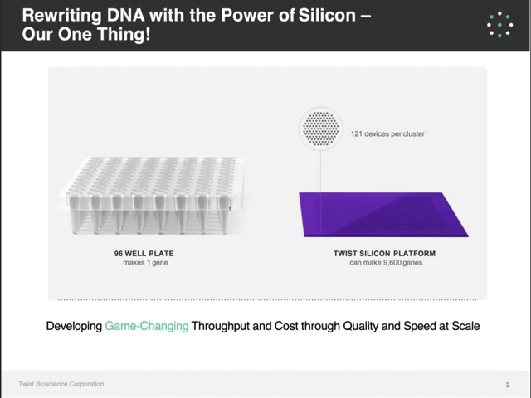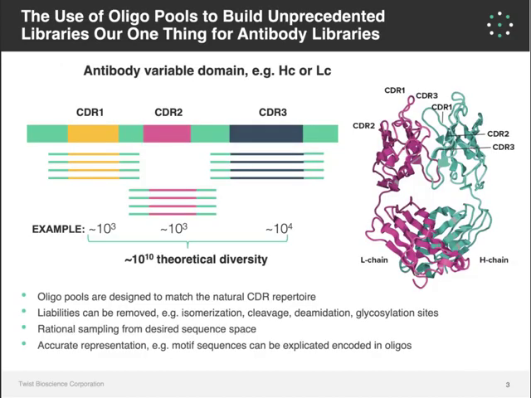Of course, we use this platform to make all kinds of products that I won't talk about today, but again, clonal genes is one of them. In particular, we can use pools of oligos to make high quality DNA libraries, which is key for the case study that I'll talk about today. So how do we do that?